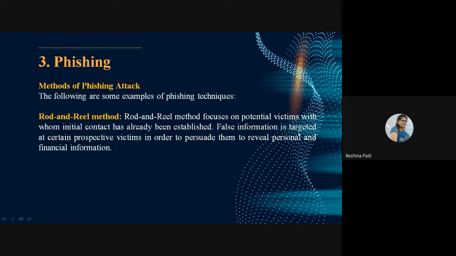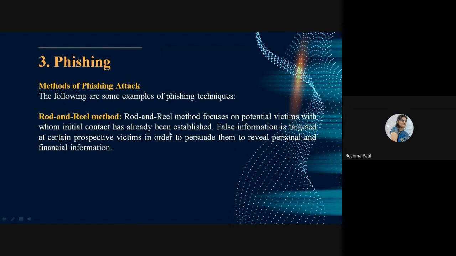False information is targeted at certain prospective victims in order to persuade them to reveal personal and financial information. In each and every method, you will see that they are asking for your personal as well as financial information, meaning sensitive information. They are doing this type of attack to get that information only.